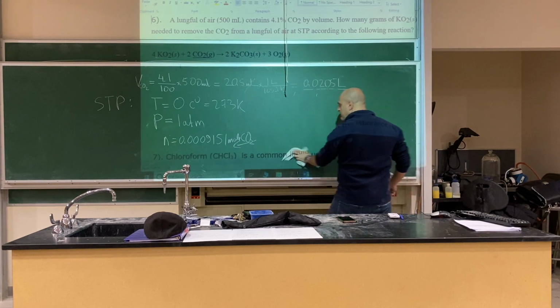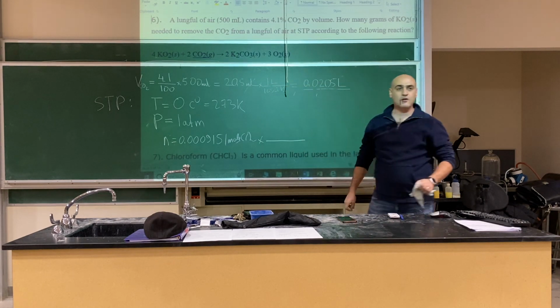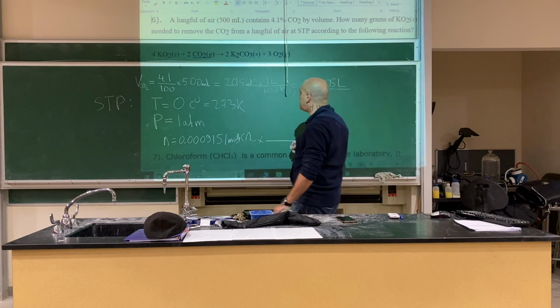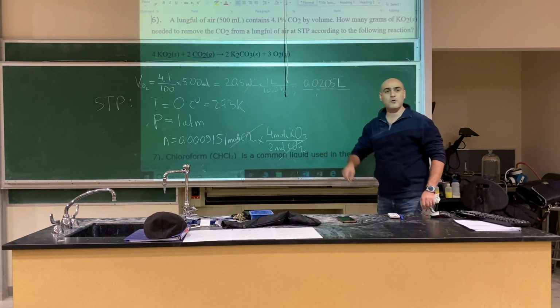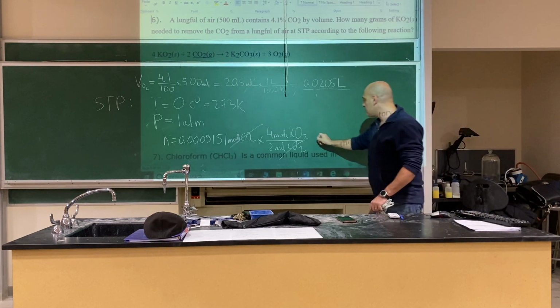So once you have the moles of carbon dioxide, can I get to the moles of KO2? Yes. This is going to be 4 moles of KO2 for every 2 moles of carbon dioxide. So that cancels. Can I go from the moles of KO2 to the grams of KO2 now? Yes. How would I do that?